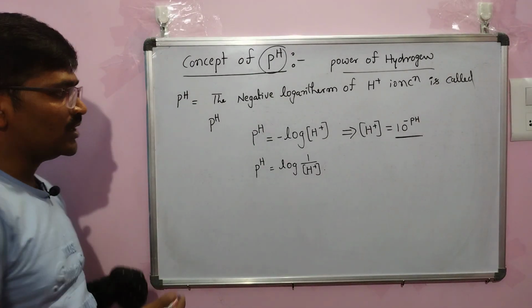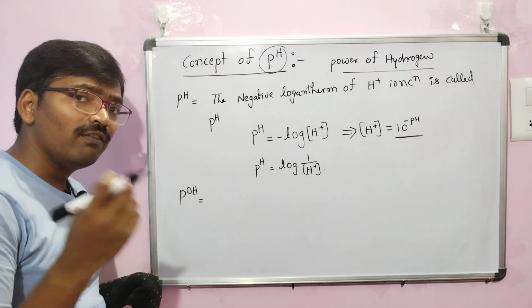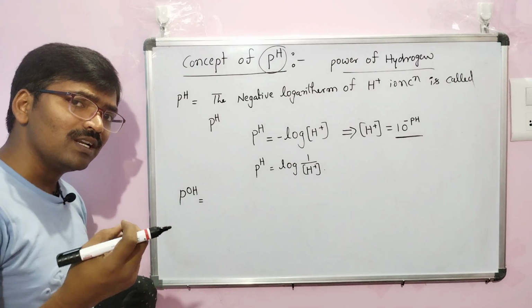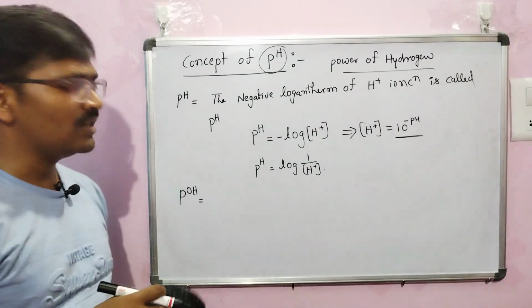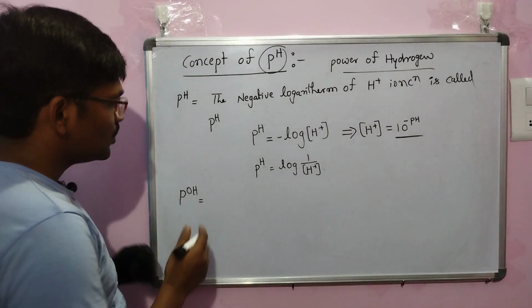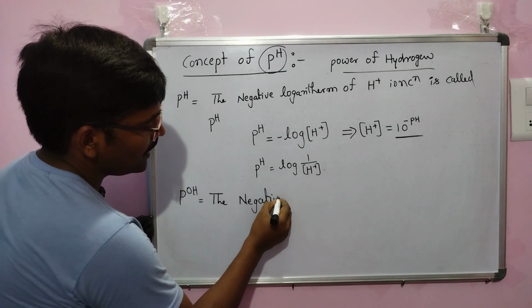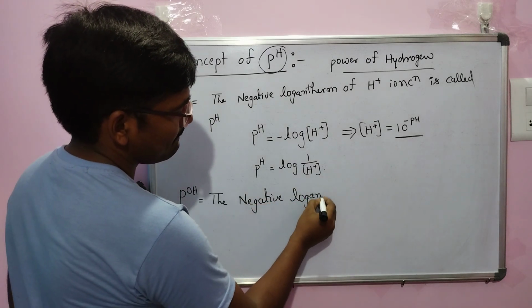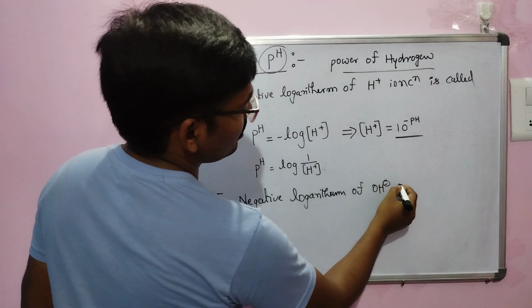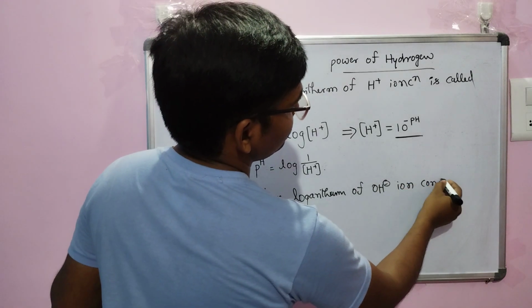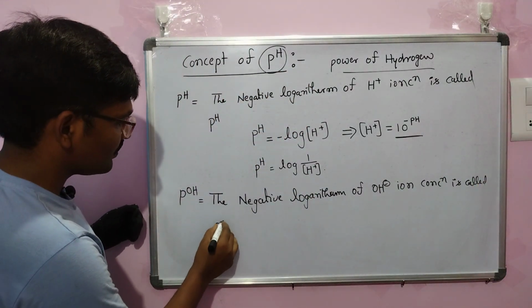Similarly, for pOH: every aqueous solution contains H plus ion concentration as well as OH minus ion concentration. So when calculating the H plus ion concentration, you have to find the pOH also. The negative logarithm of the OH minus ion concentration is called pOH.